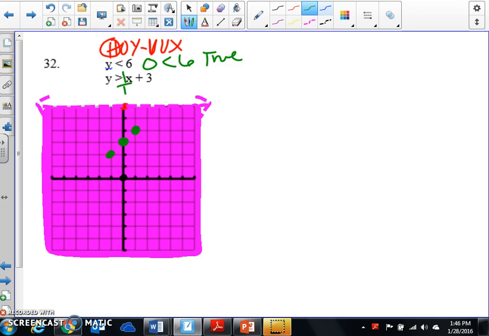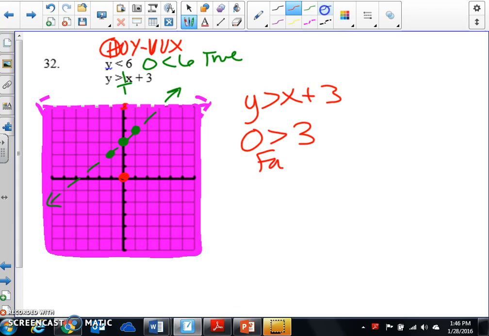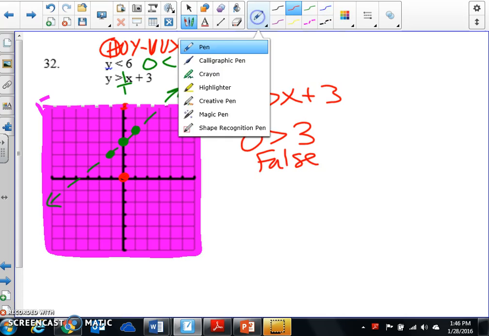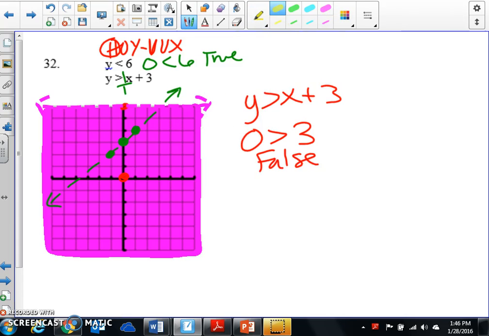It also does not have an equal sign under it, so it's dashed. And then once again, I can use this point 0, 0. So 0 is greater than 3. That is false. So I have to go the opposite way, which would mean I need to go this way.